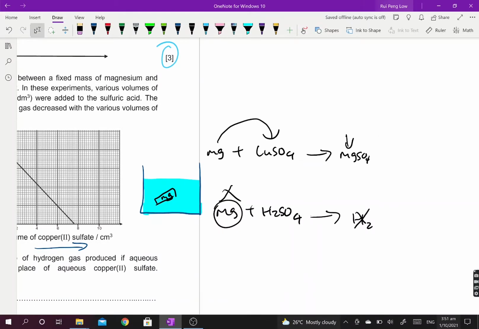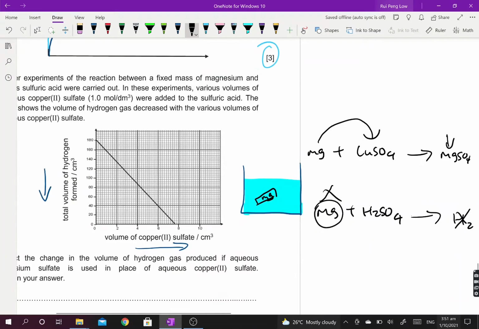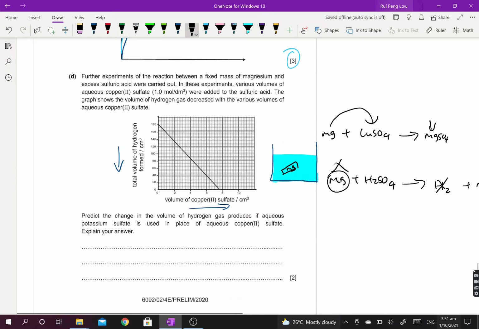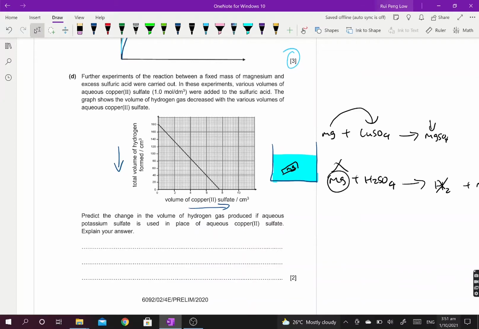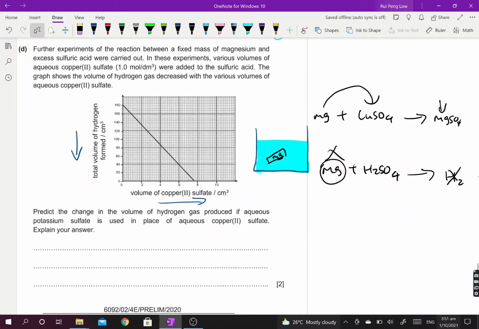Because it will produce hydrogen and magnesium sulfate. But in this case, because all your magnesium has displaced copper 2 sulfate, you have no more magnesium to react, and hence no hydrogen gas produced.